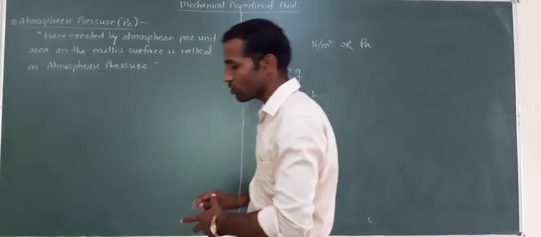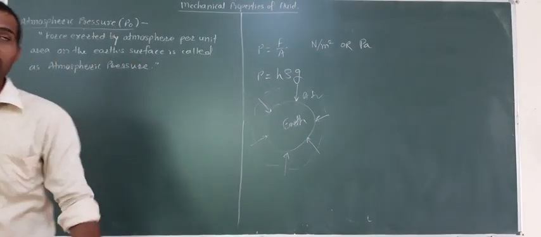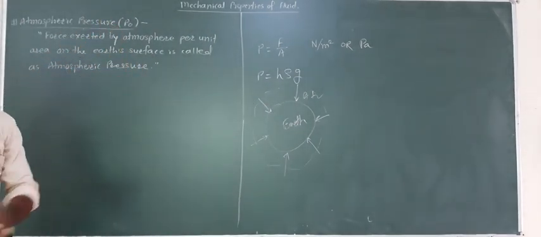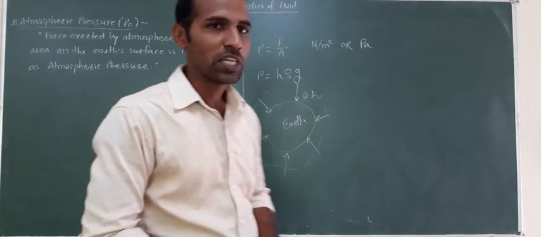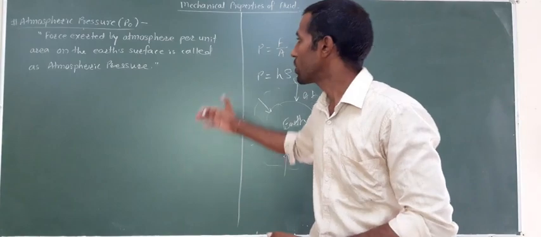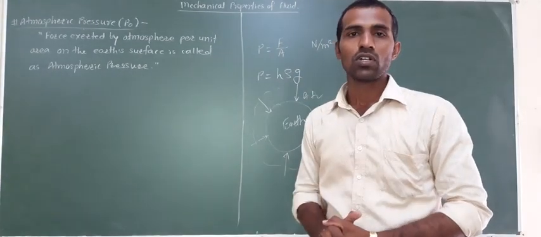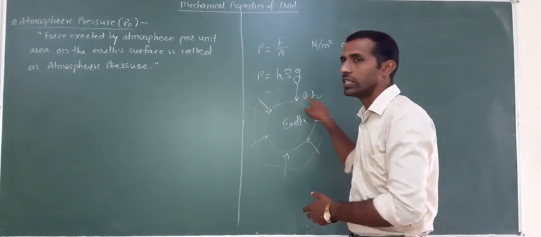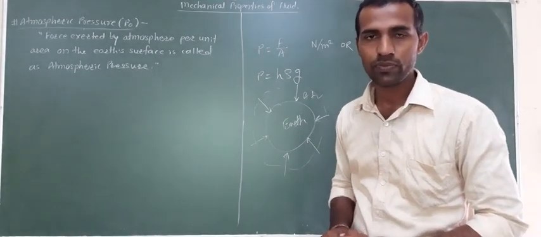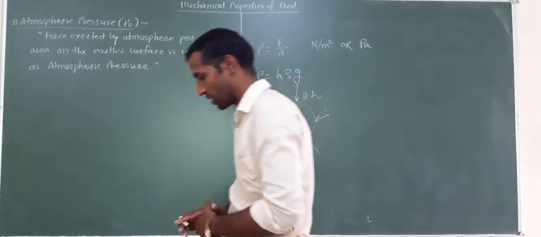So this perpendicular force per unit area is nothing but the atmospheric pressure. Clear? What is atmospheric pressure? The pressure exerted, or the perpendicular force, the thrust exerted by atmosphere on the Earth's surface. Okay? This is atmospheric pressure.